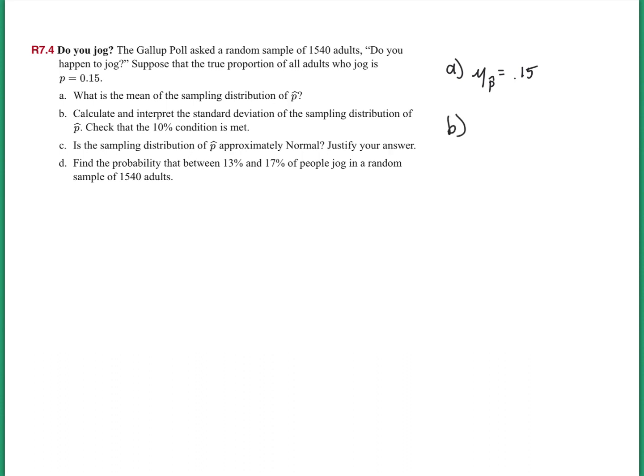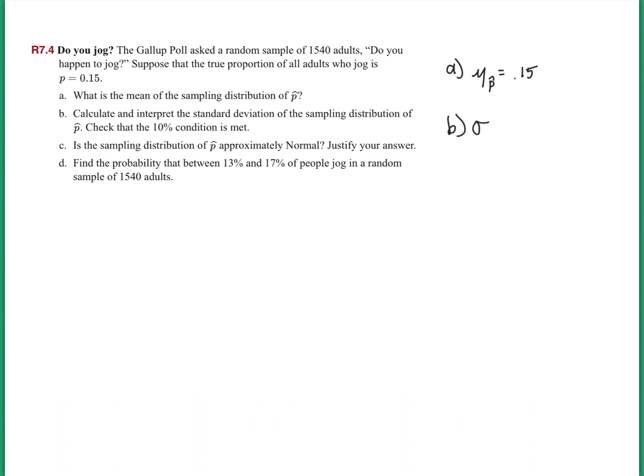Yeah, that's, I guess, the claim. So that's the mean of our sampling distribution. Okay, calculate and interpret the standard deviation of the sampling distribution of p hat. Check that the 10% condition is met.